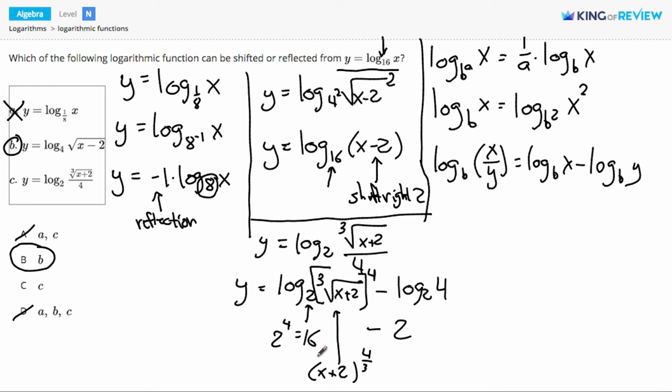And since that's not just x, it's x to the 4/3 power, this is not a simple shift or a simple reflection, so C is not going to be a shift or reflection of log base 16 of x. If this power were equal to 1, then it would be, because the original function has a power of 1 on x, but because it's 4/3, it's not going to work, and B is definitely the only one that works.